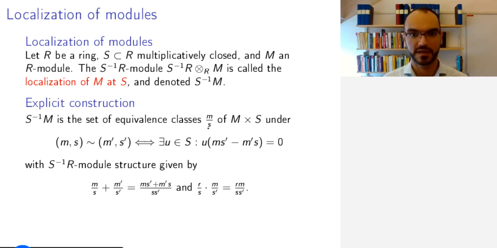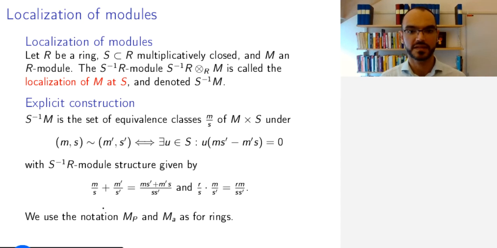Then calling the equivalence classes M divided by S and putting an S inverse R module structure on them as follows. So addition of two such classes is defined in the usual way, and the action of the ring S inverse R on S inverse M is defined in this multiplicative way. Then this gives you a module structure, and this will be exactly the module S inverse M.